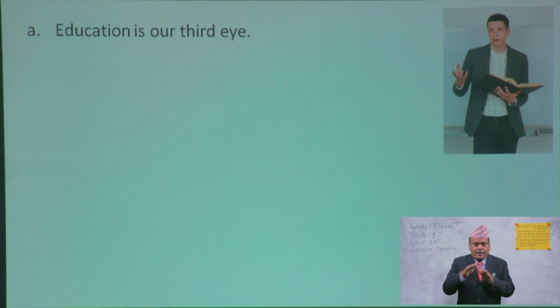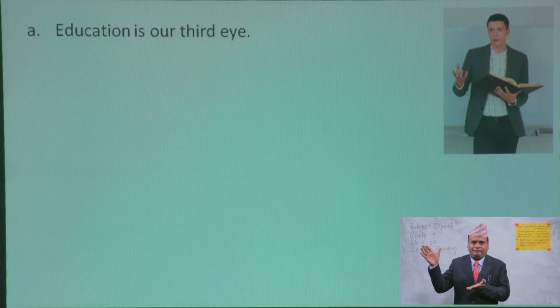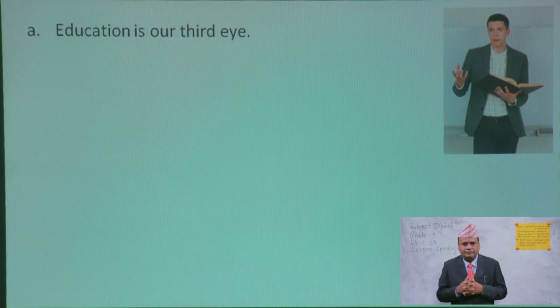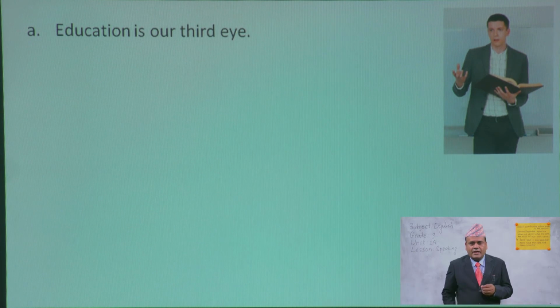Normally, when we change a sentence from direct to indirect speech, the present goes to past. This sentence is in present tense, but it does not go to past, because "education is our third eye" is a general truth. Right? It's a true fact. So, normally we don't change the tense.